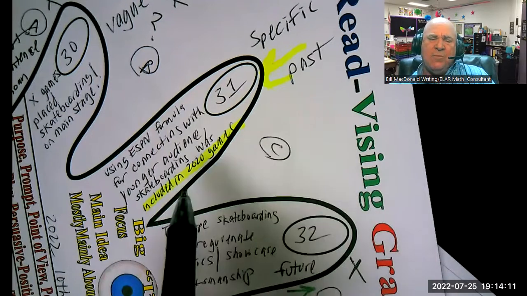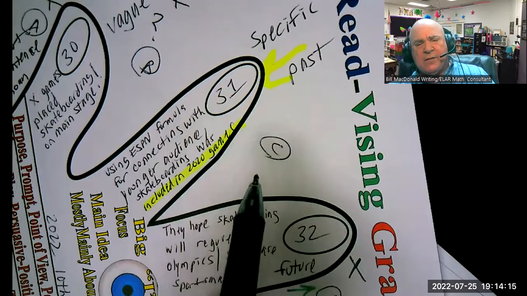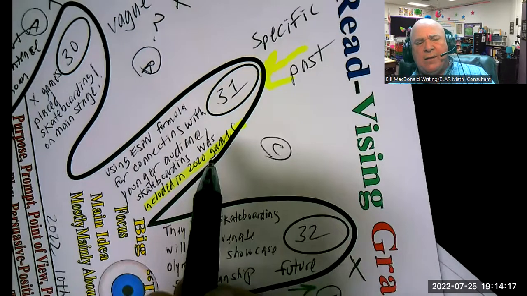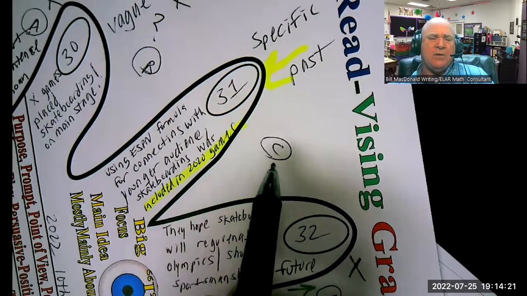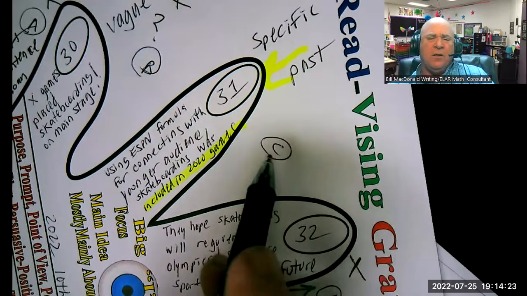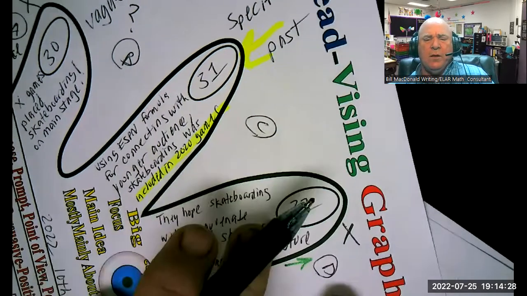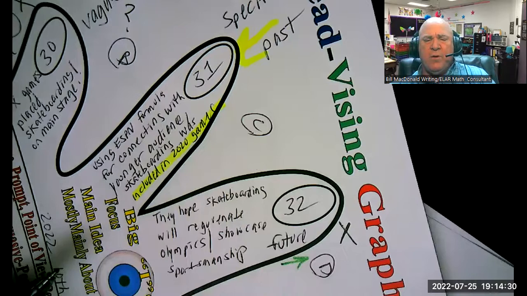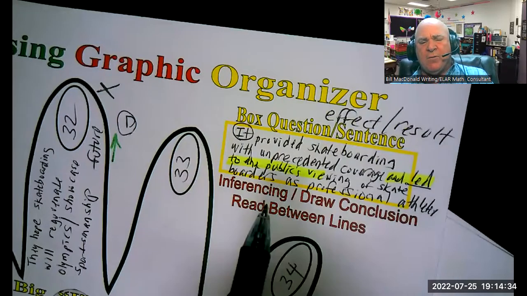Since that's in past tense and our sentence is in past tense, I'm going to lean towards this one here, because let's see how that sounds together. It was included in the 2020 Olympic Games that provided skateboarding with unprecedented coverage and led to the public viewing of skateboarders as professional athletes.